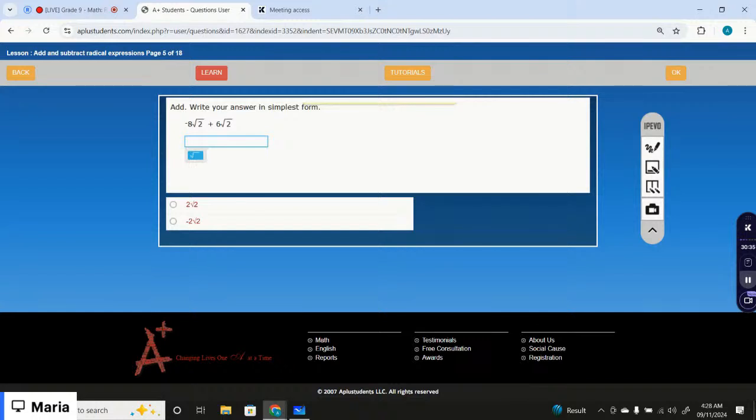Minus 8 square root 2 plus 6 square root 2, which is the correct option?